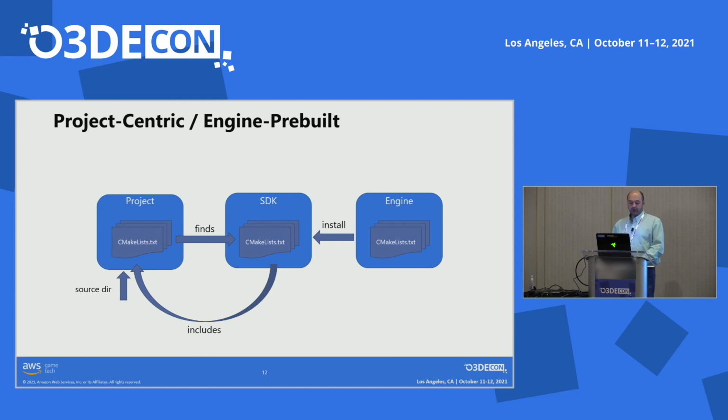Now, we said the benefit of the engine-centric workflow is that you can pass multiple projects or pass no projects. In the project-centric workflow, the benefit is that you can select different engines. For example, let's say you are modifying the engine and you want to see how your new version of the engine performs.